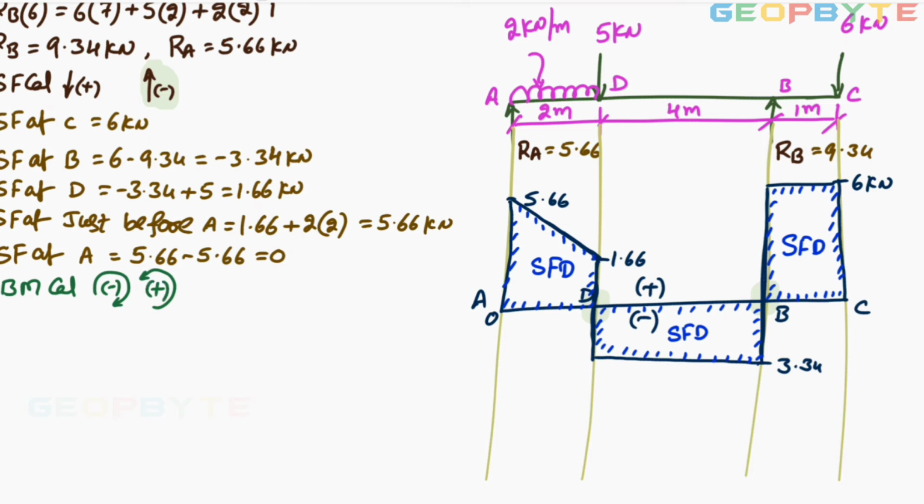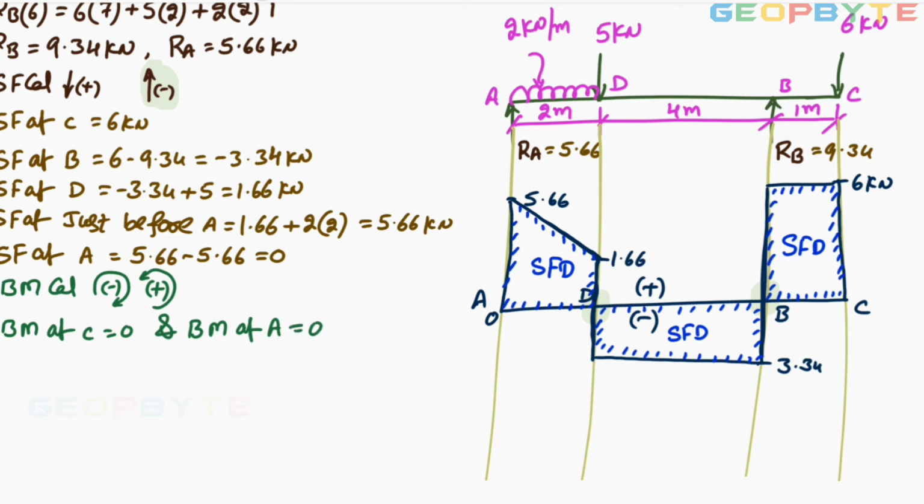Now BM at both ends 0. BM at C equal to 0 and BM at A also equal to 0.